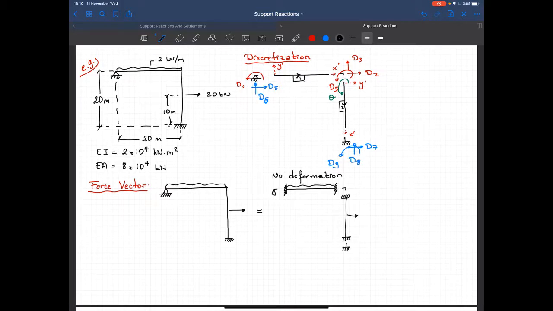I have a point load here. Now the point load becomes a member load according to my discretization, and plus we have the only deformation case.